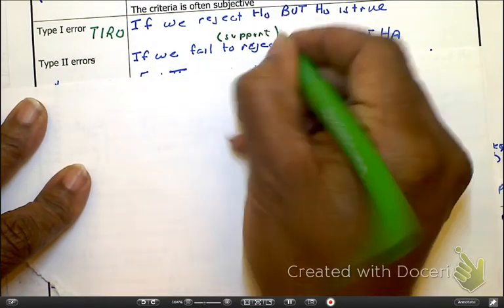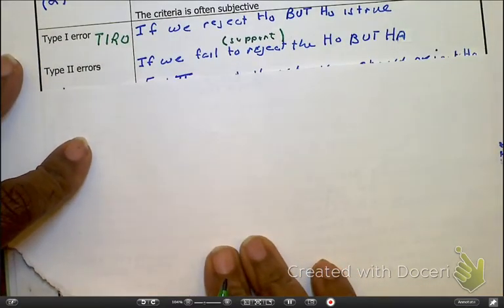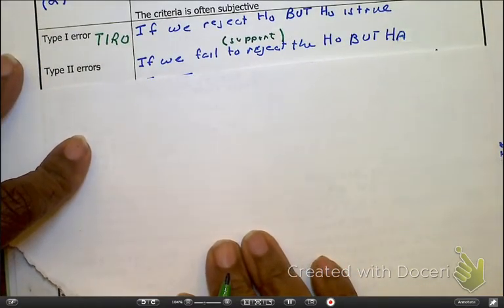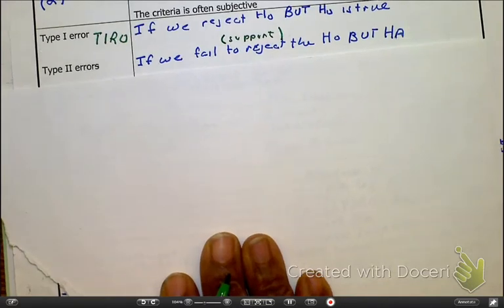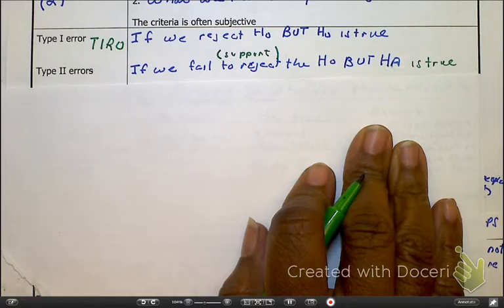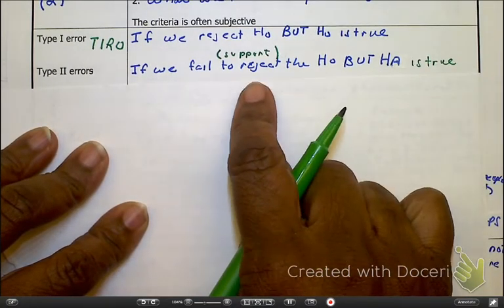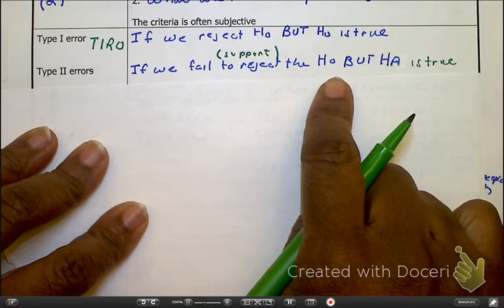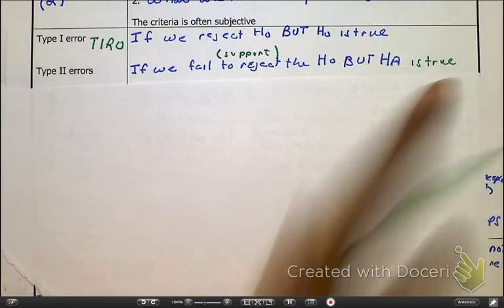There's evidence to support the H0, but we should not have. So we support the H0, but the HA is true.